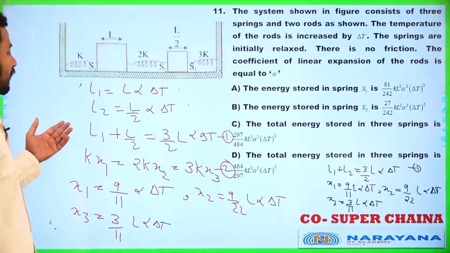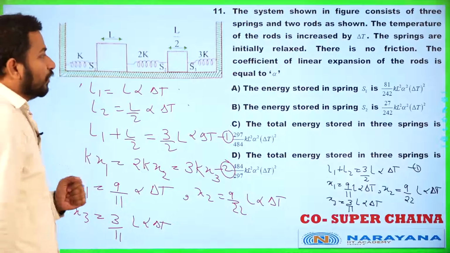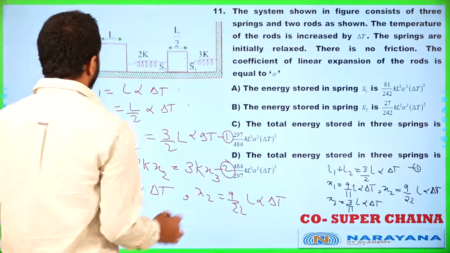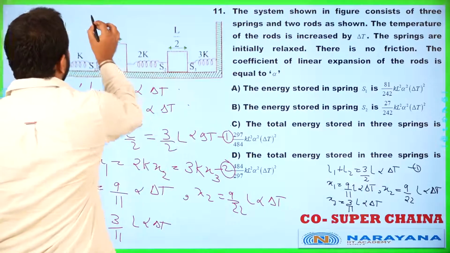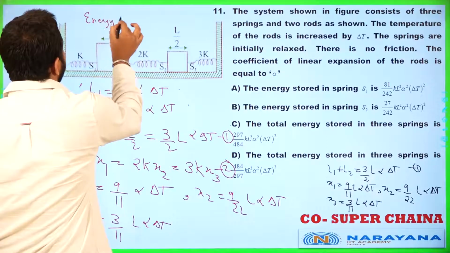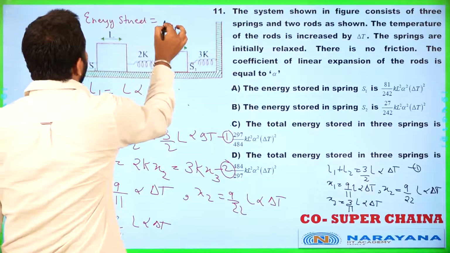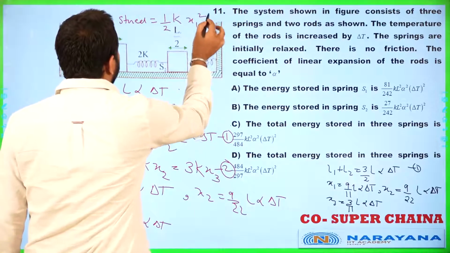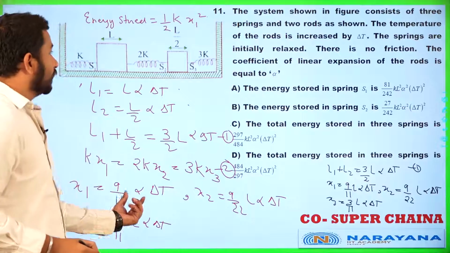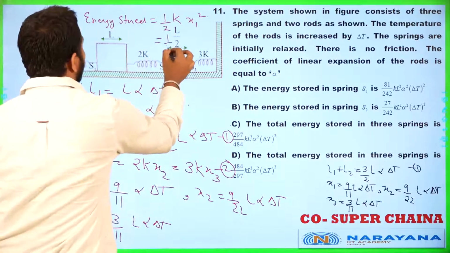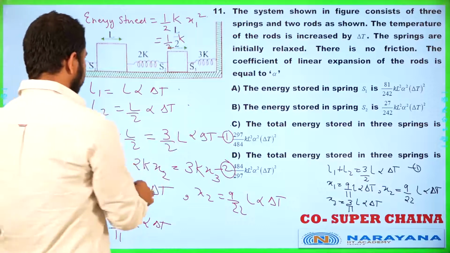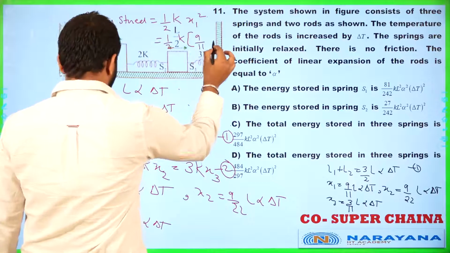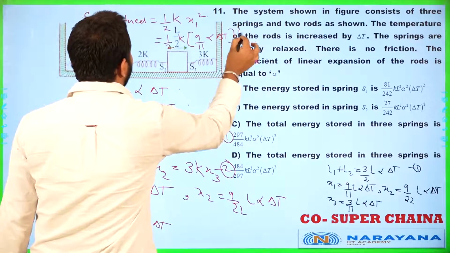Now if you see here, x1, x2, x3 we got. Now what we need to calculate here is the energy stored in the spring. So how can I calculate the energy stored in spring 1? Energy stored will be half K x1 square. x1 I already have in terms of alpha, so I can substitute here half K, and in terms of x1 I have 9 by 11 alpha delta T whole square.